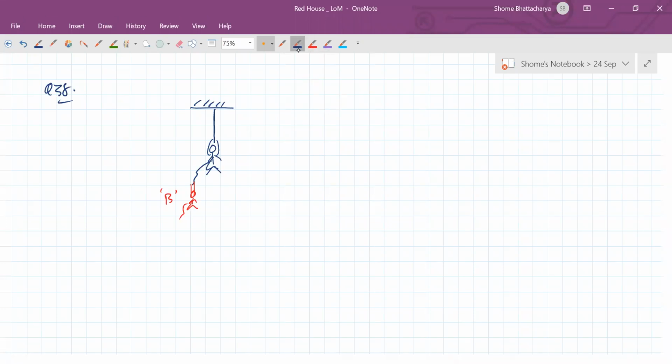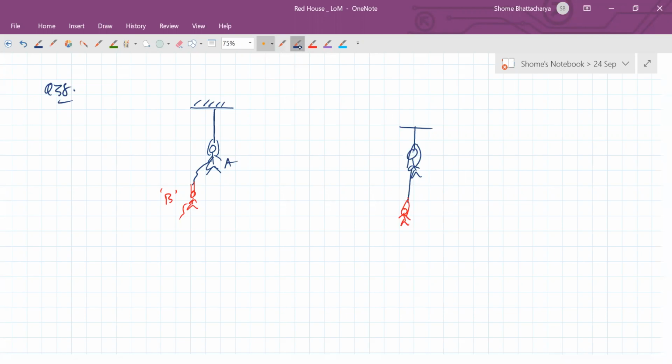So of course the tail will get stretched out actually. So it will be more like this. So it's a vertically stretched out tail. So the diagram is more like this.